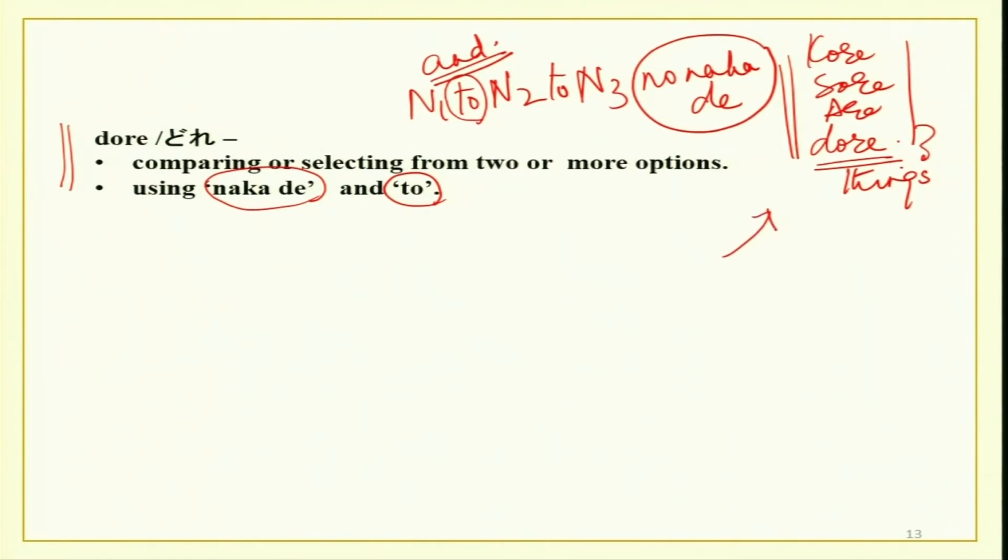So, when you are talking to seniors, then please always use desu ka and not just noun 1 to noun 2 to noun 3 no naka de dore ga oishii, and the intonation is rising. Chocolate to cake to candy no naka de dore ga oishii, and intonation is rising. Do not use this with seniors. In formal situations, always add desu ka at the end.